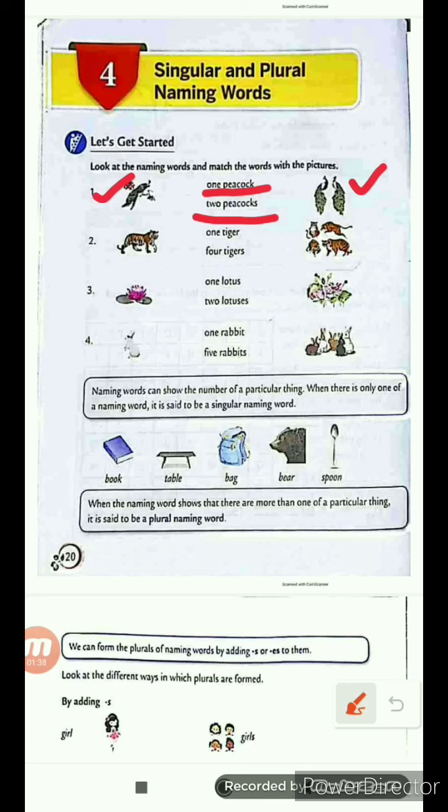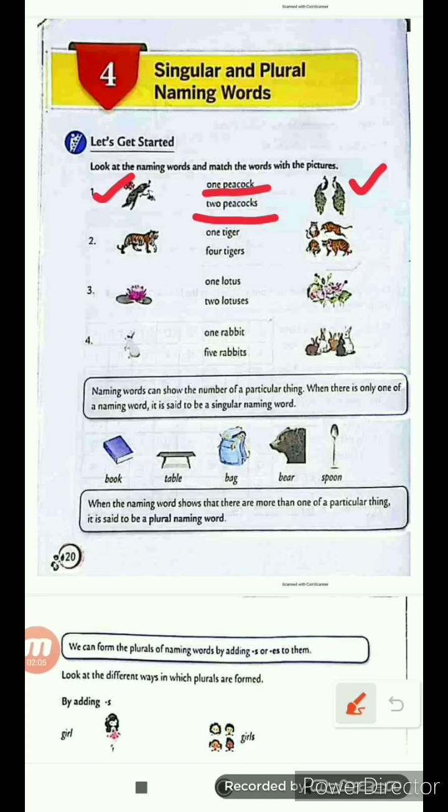You can see when we have written one peacock, there is no S after the naming word. But when we are saying two peacocks, we are placing S after the naming word, peacock. So we can understand that we have more than one peacock.